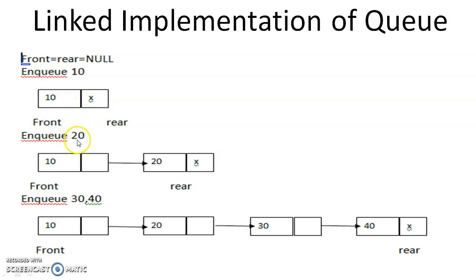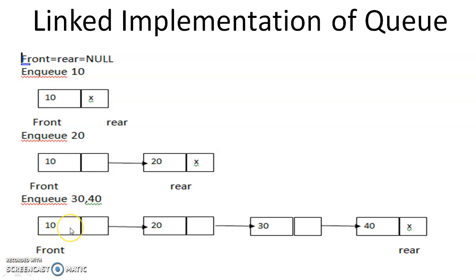And enqueue 20, you are going to insert an element after this one. That means the rear is moved to the next position. If you consider this as a new node, rear of next is pointing to this new node and this will become the rear. When we insert 30, 40, the same type of activities will happen.